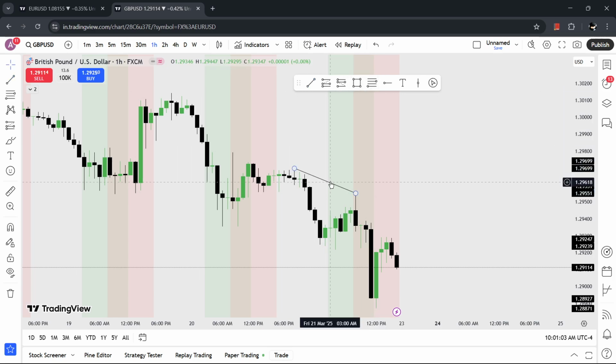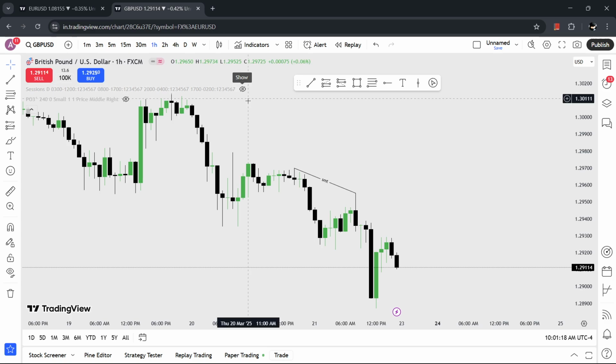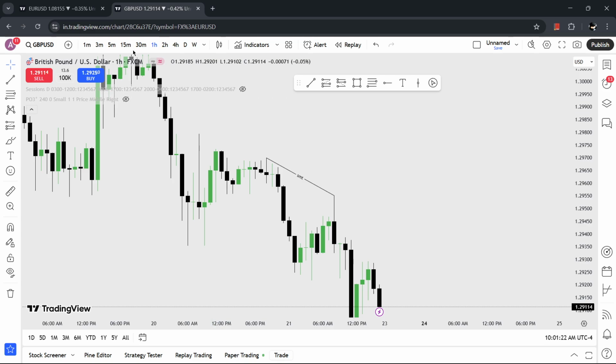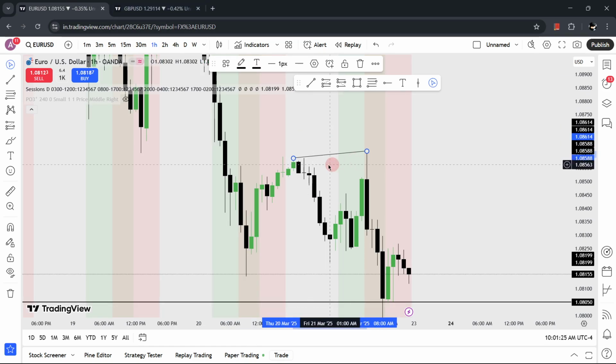There is something called SMT, smart money divergence. What it means is Euro and GBP are correlated pairs.